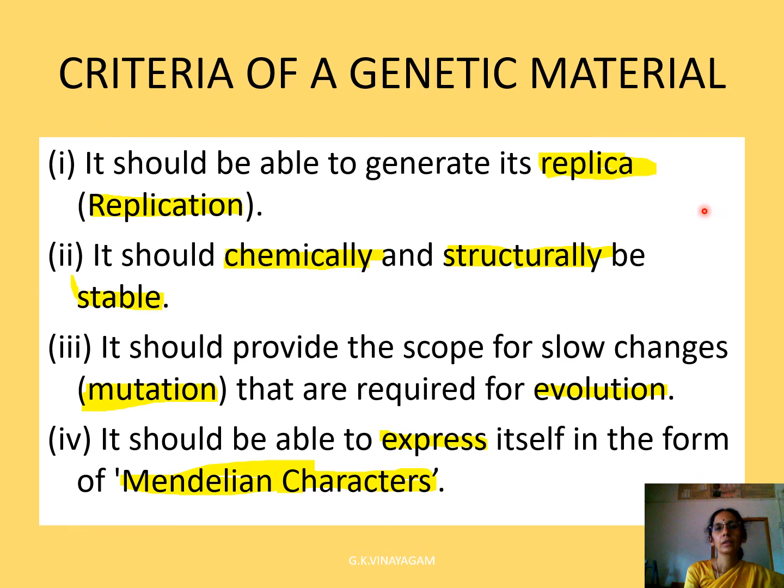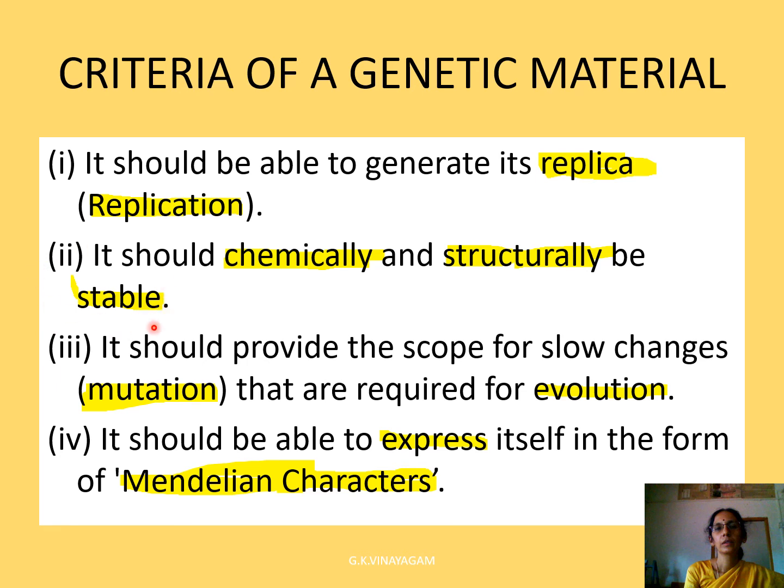Now let us learn what are the characteristic features a molecule should have to act as a genetic material. First one is it should be able to replicate itself. It has to undergo division and it has to replicate itself. Second one is, the molecule to act as a genetic material should be chemically and structurally stable.